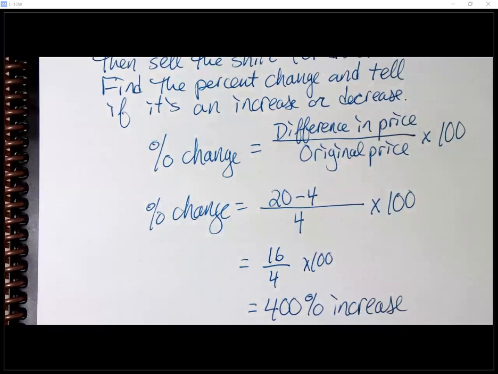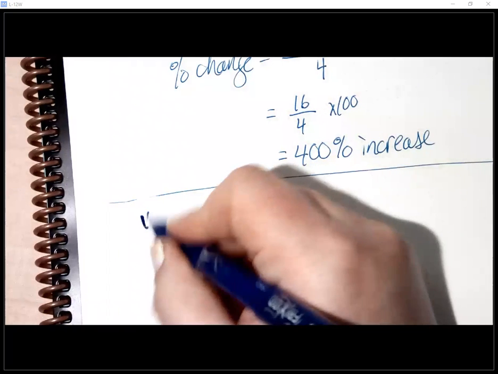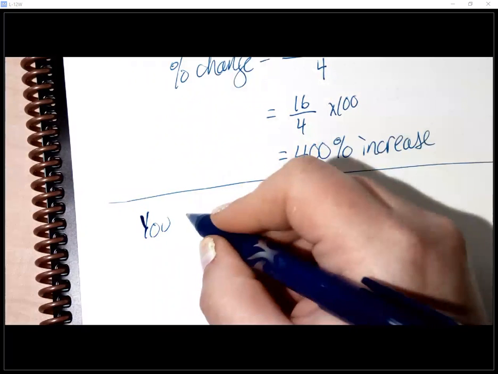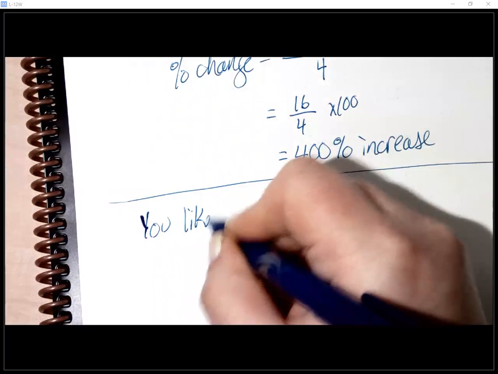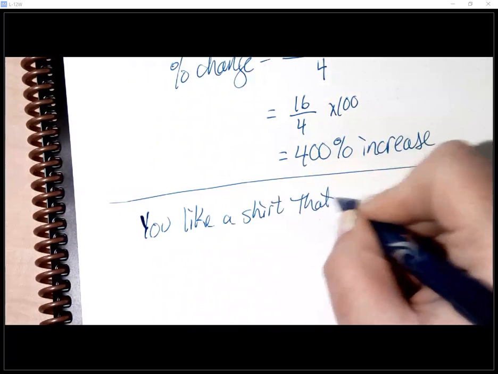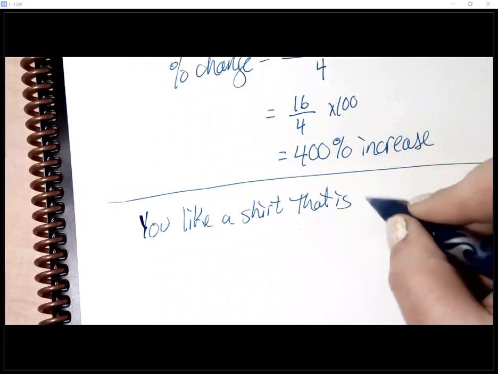That's quite a lot. Let's do something that I like a little bit better. Let's try something going on sale. That always makes me feel better. So let's say you like a shirt that is, I don't know, let's say it's $15.